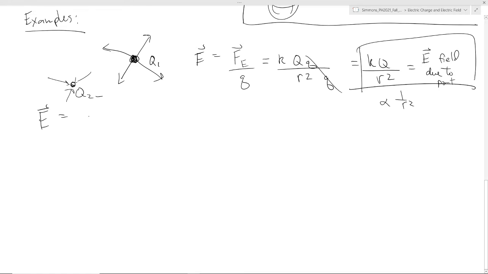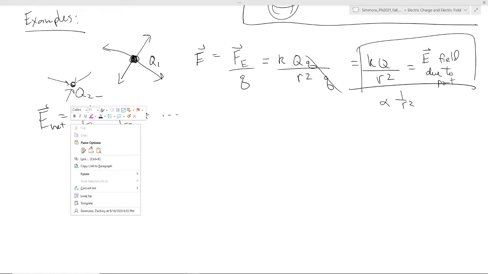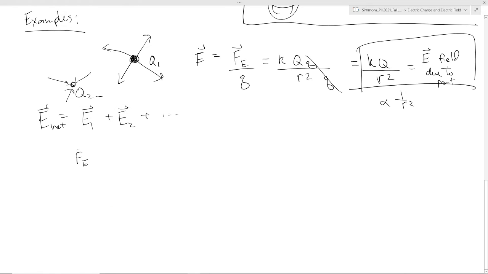You could add up the electric field contributions from as many charges as you have, and calculate the net electric field. And then if you want to know what force a charge placed in that field is going to experience, it would just be whatever charge you put in times that net electric field.